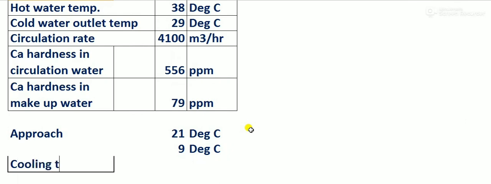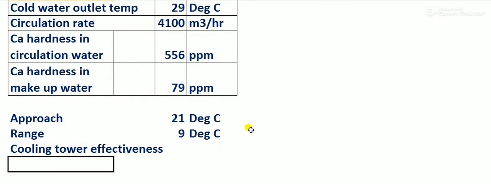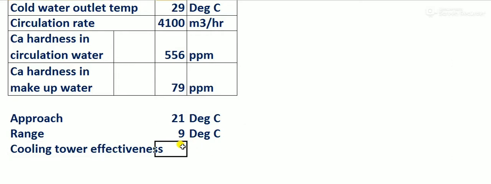So cooling tower effectiveness. If you calculate cooling tower effectiveness, what is the formula? That is hot water temperature minus cold water temperature divided by cold water outlet minus wet bulb temperature.